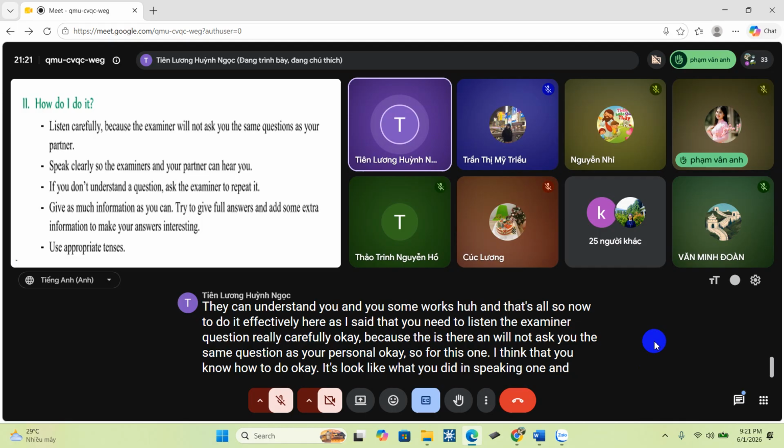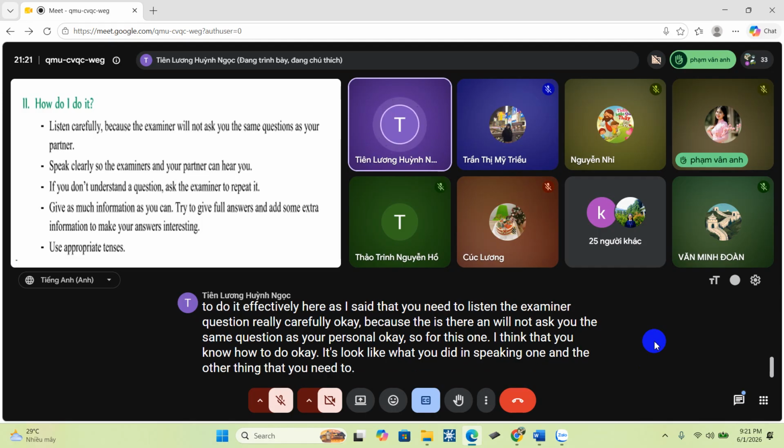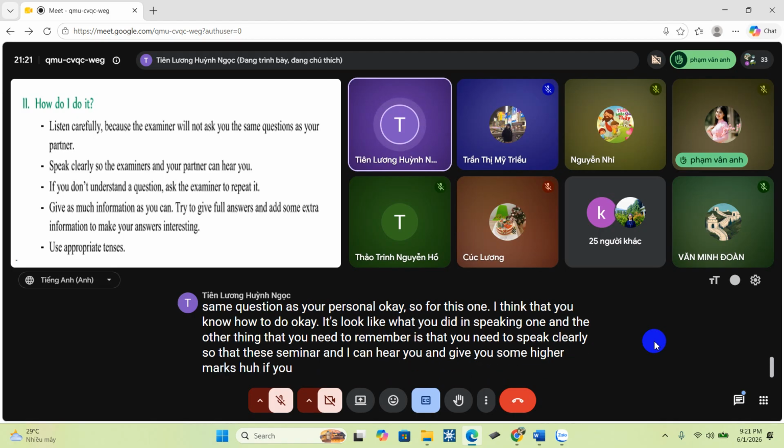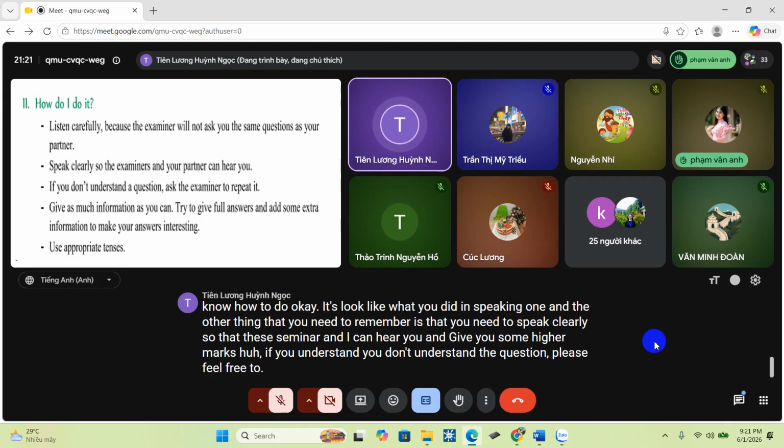The other thing you need to remember is to speak clearly so that the examiner can hear you and give you higher marks. If you don't understand the question, please feel free to ask the examiner to repeat.